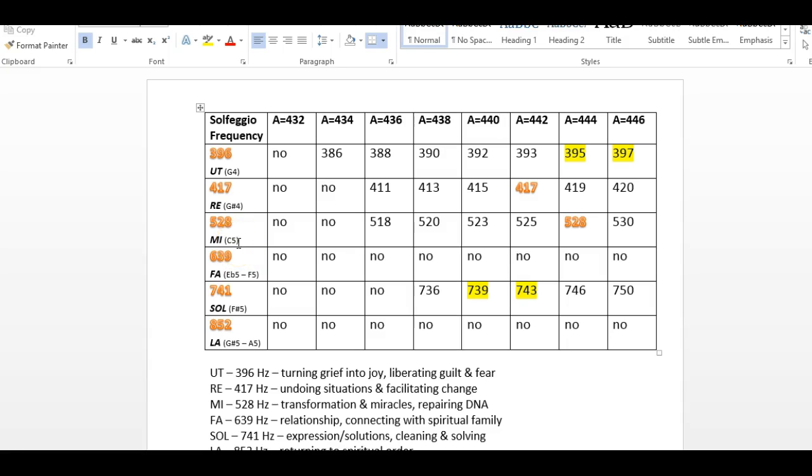The 528 is the C above middle C. The 639 is the E flat, E, somewhere in there, right up above this C. So it's going to be an octave and 2 notes above middle C. Then this one is the next F sharp higher, and the last one is the G sharp that's right above that last F sharp. So you could just play those notes and then specifically tune the one note and then tune all your other notes according to this frequency. Okay.